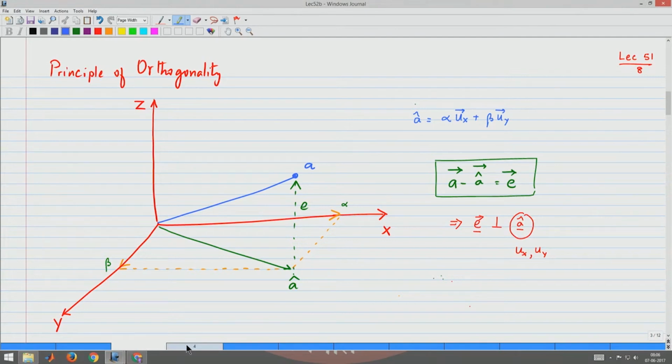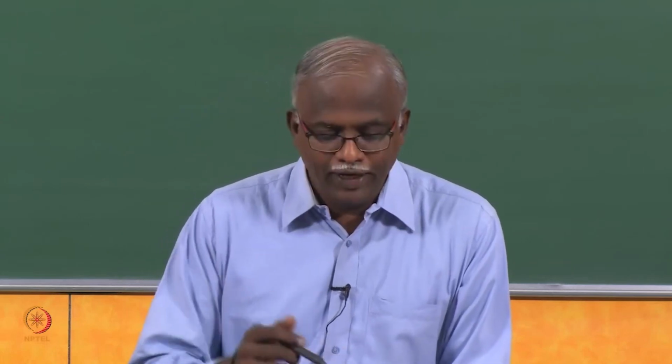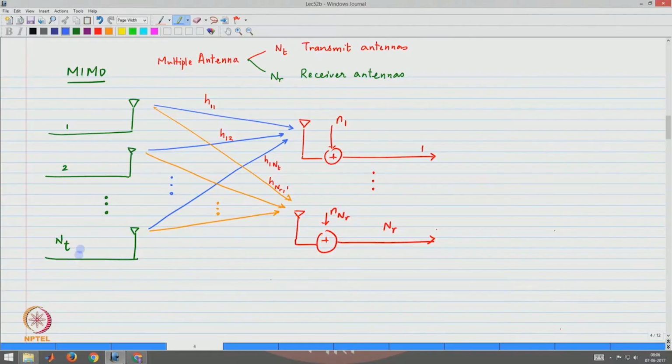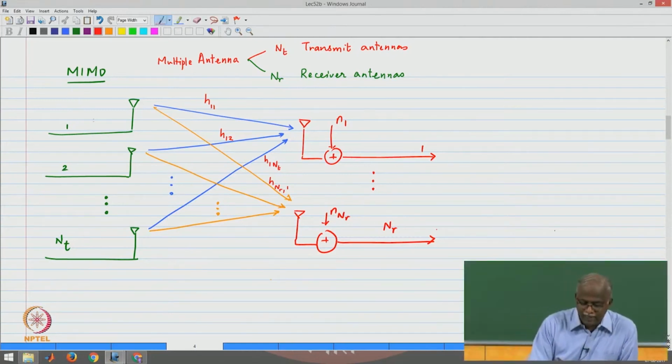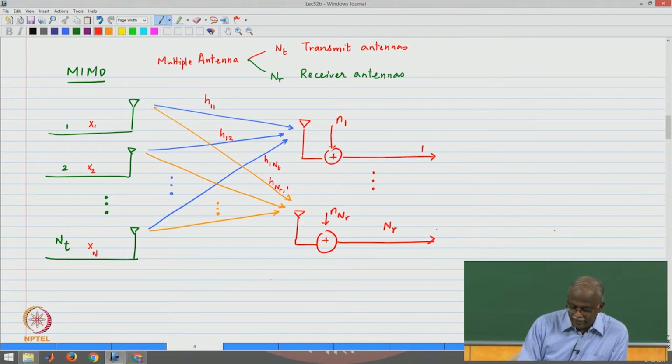And we will move into our next topic, which is the study of multiple antennas at the receiver and at the transmitter. So, in the last lecture we introduced the following diagram, where we have a set of NT transmit antennas. Each of the transmit antennas is transmitting a corresponding symbol x1, x2 to xNT.